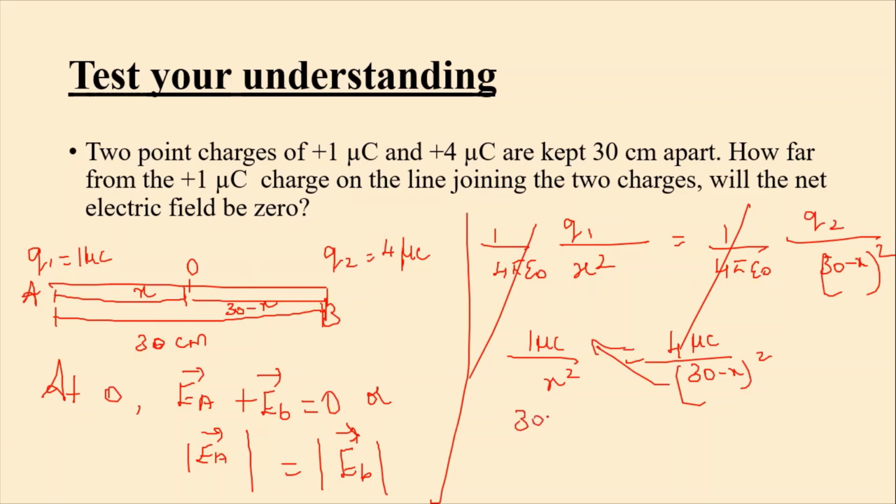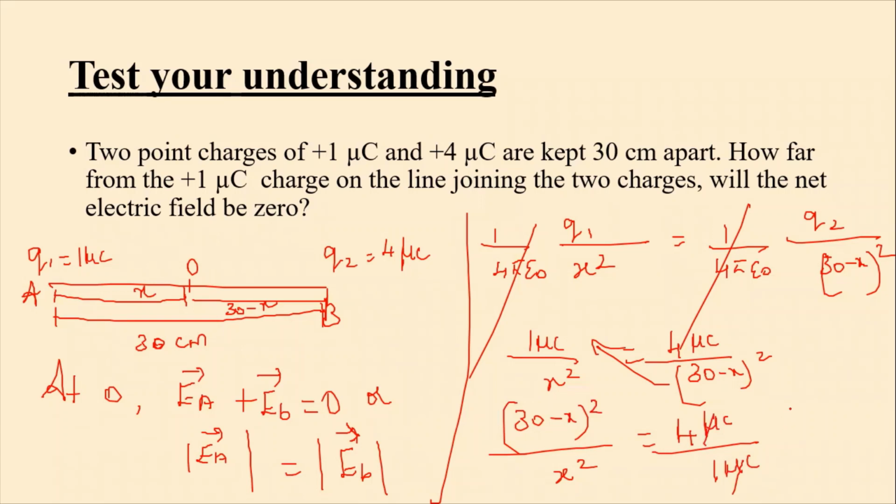Okay. So now bring this side. You will get 30 minus X the whole square divided by X square will be equal to 4 microcoulomb divided by 1 microcoulomb. Micro is 10 power minus 6, which is common in both denominator and numerator, so it will get cancelled. Now you will get it as 4.